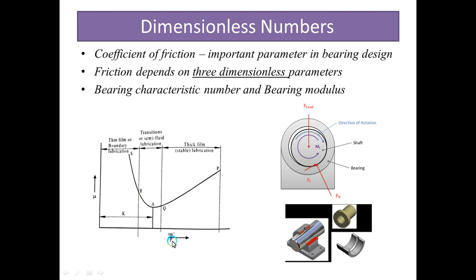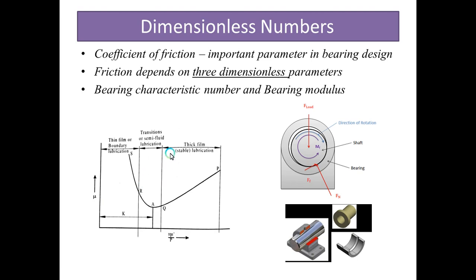So when you increase the pressure, the speed will reduce. For higher pressure and lower speeds, you can expect a transition or semi-fluid lubrication in this RQ region, and it will reduce the film thickness, so that partial metal to metal contact will be there in semi-fluid or transition lubrication.